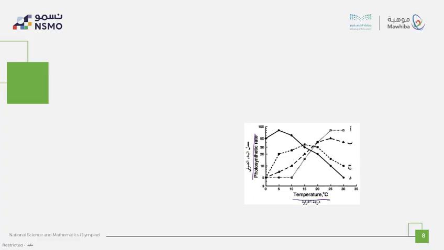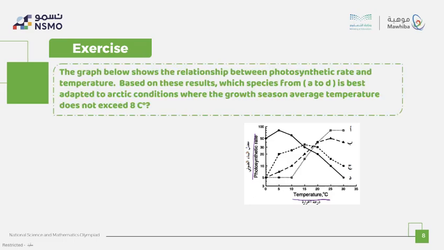So based on this result, let's see which species from A to D is best adapted to Arctic conditions where the growing season's temperature doesn't exceed 8 centigrade. Okay, because it's very, very cold here. So to understand the question, we are looking for the species that achieves its highest photosynthesis rate at low temperature, no more than 8 centigrade.